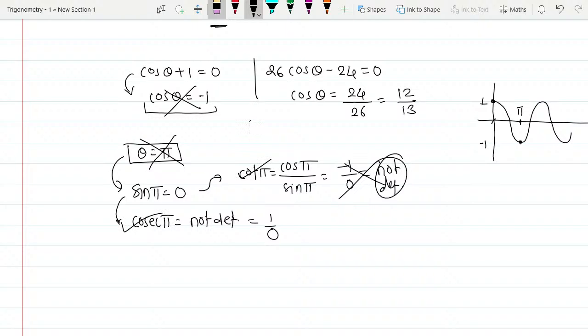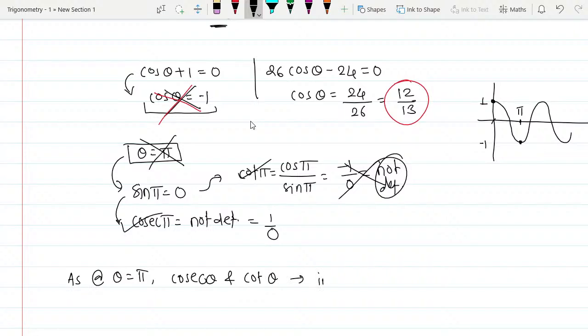That's why I simply cannot take this cos theta. So what is the value of cos theta then? We can take 12 by 13. Therefore here you can write: at theta equal to pi, cosec theta and cot theta are not valid, are invalid.